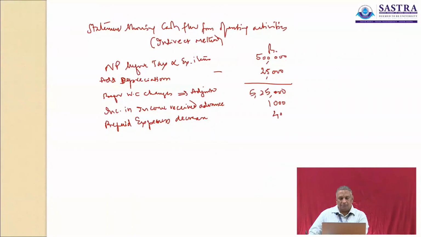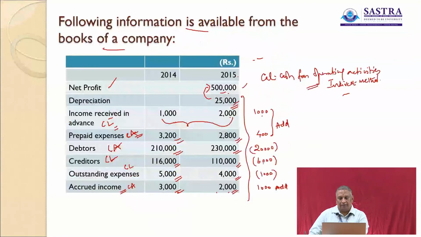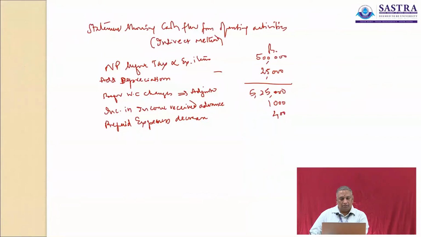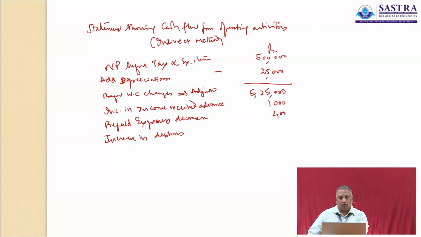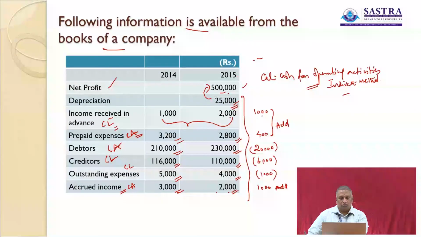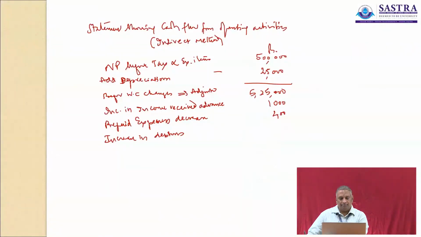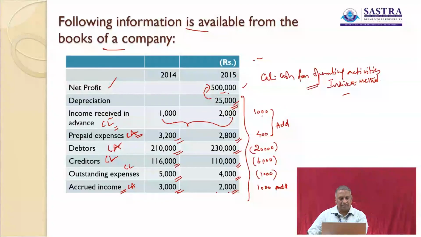Decrease in prepaid expenses, more cash in hand, so added. Then debtors, increase in debtors. That means you are giving more credit, you will have less cash for your operating. So increase in debtors, 20,000 to be taken as less item. So you will have less cash balance.